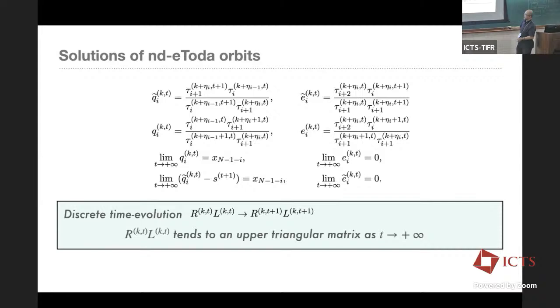So this is our time relation behavior. R times L, which was a tridiagonal matrix, converges to some upper triangular matrix, and then we can obtain the corresponding eigenvalues. This is the meaning of the numerical algorithm from this setting.